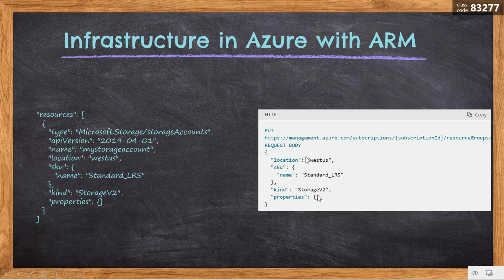And then subsequently, you would have the request body in which the storage account properties will be mentioned. And this is how the infrastructure is usually provisioned.